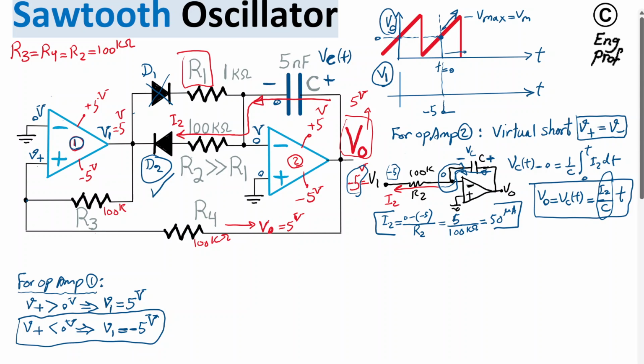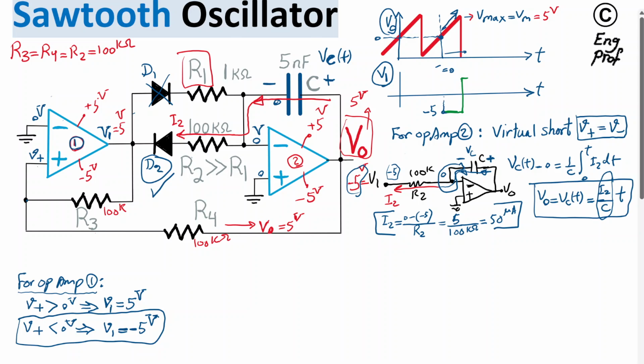So this Vmax is 5 volt. The moment we get to that, I'm going to show a different color, so let's switch to green so that it's observable. Okay, so V1 at this point jumped to plus 5 volt.